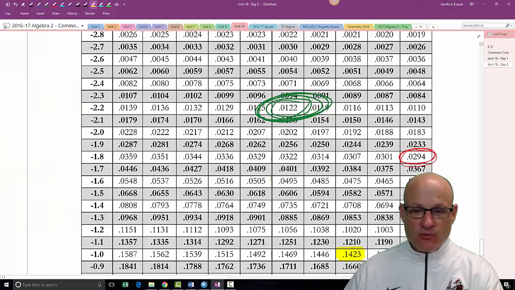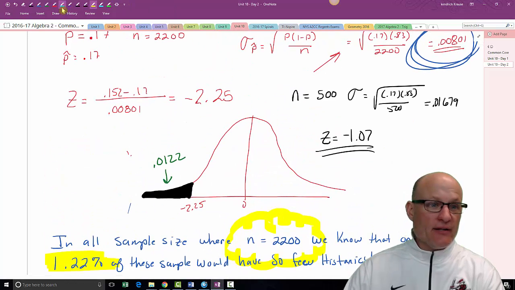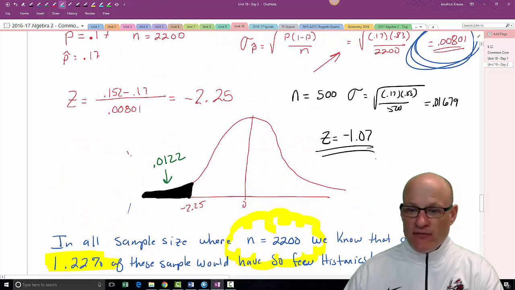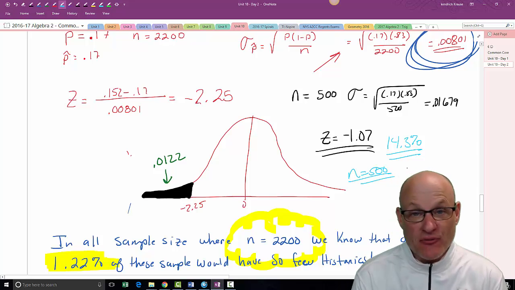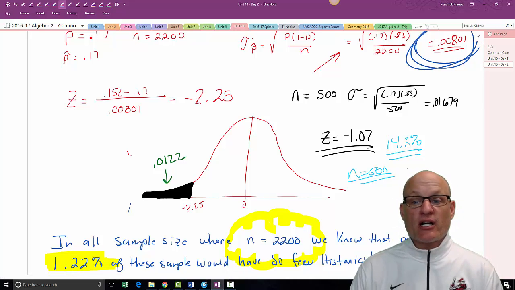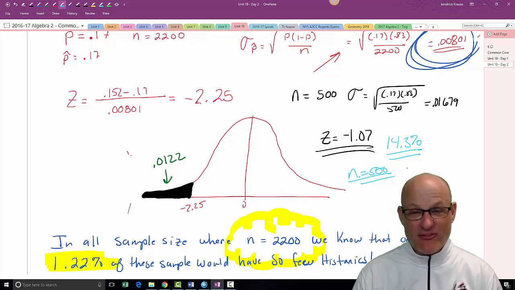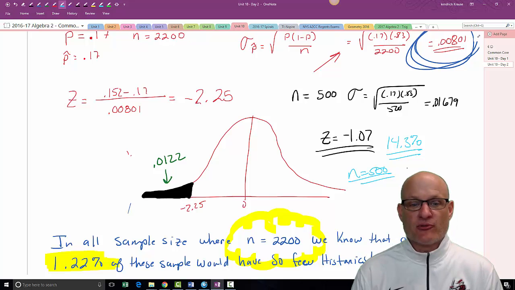So if this was it, then 14.3% of samples of size N equal to 500 would give us Hispanic populations of 15.2%. So if we were to survey only 500 people, we would come up with 14.3% of the surveys having such a low number of Hispanics, a Hispanic population of 15.2%.